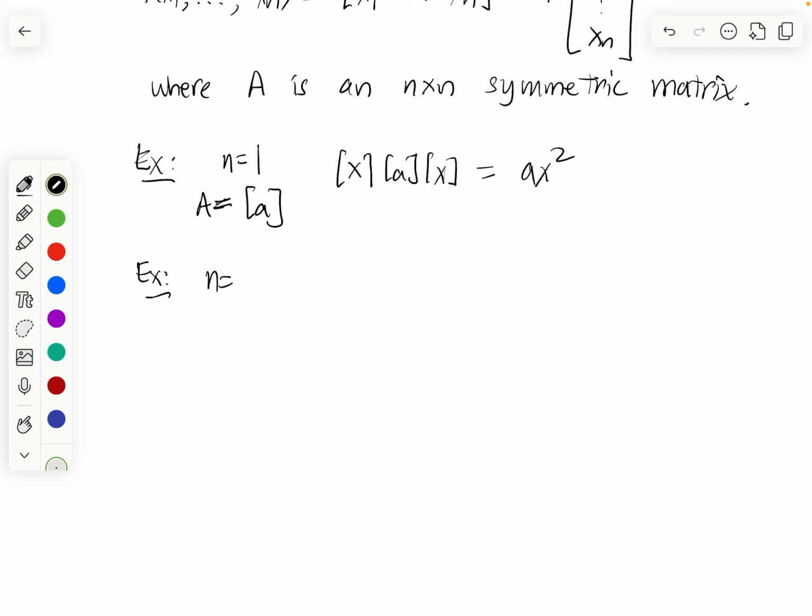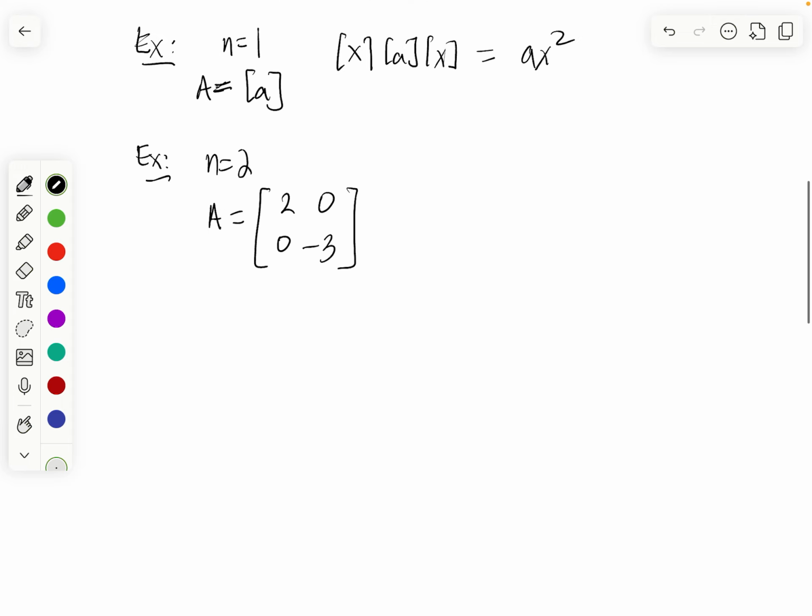Now let's look at n equals 2. And let's say that A is the matrix 2, 0, 0, negative 3. Well, in this case, we have x1 and x2. I'll just use x and y to make it a little easier. So you have this row vector times A times the vector xy.